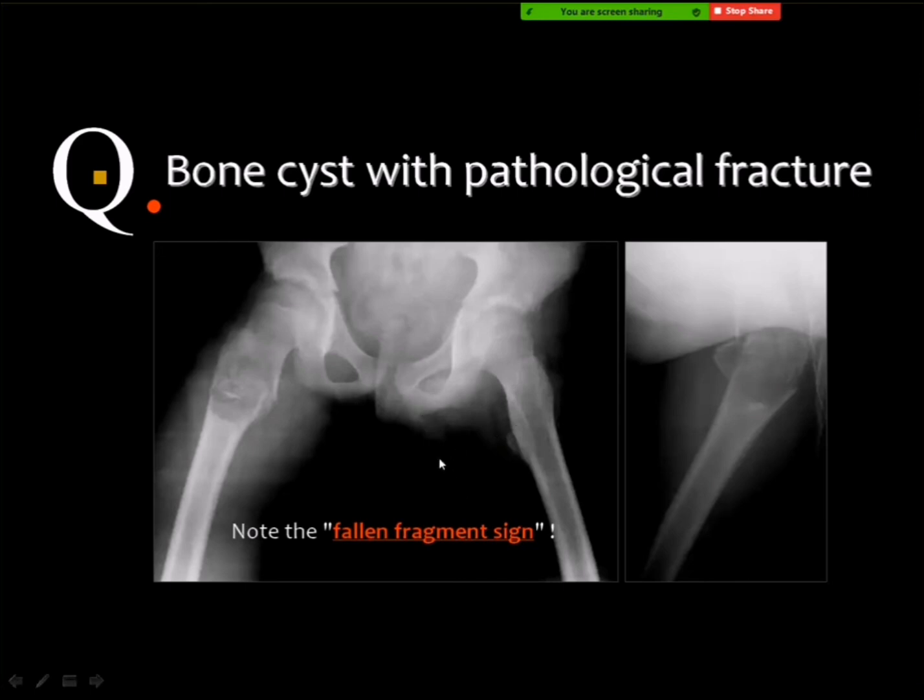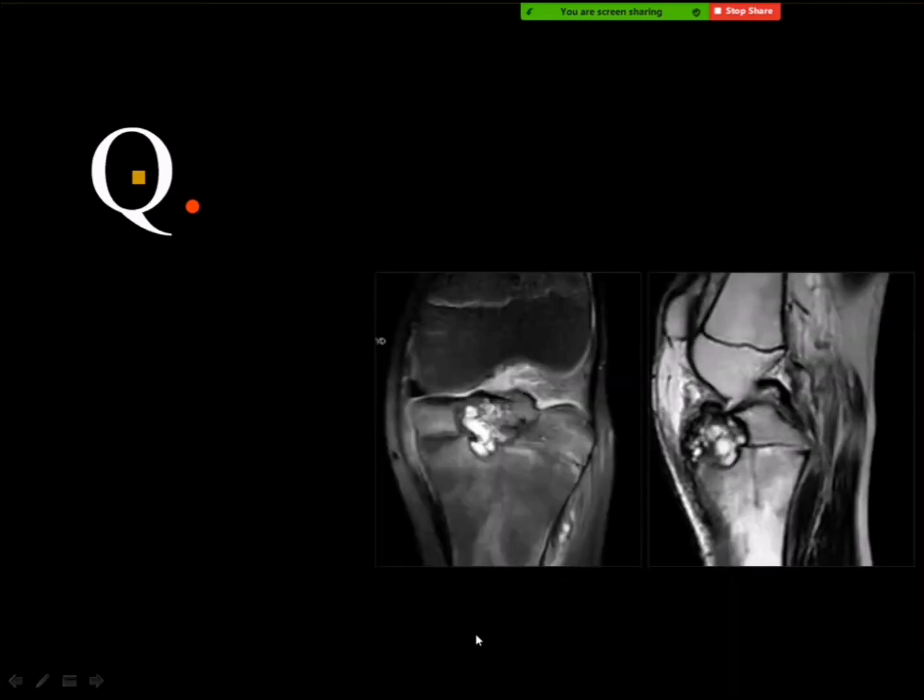But be careful in the diagnosis. Whenever you see a lesion like this, aneurysmal bone cyst contains fluid levels without a fracture, but the simple bone cyst contains the fluid level with a fracture, a pathological fracture. This is one of the important differentiating points.